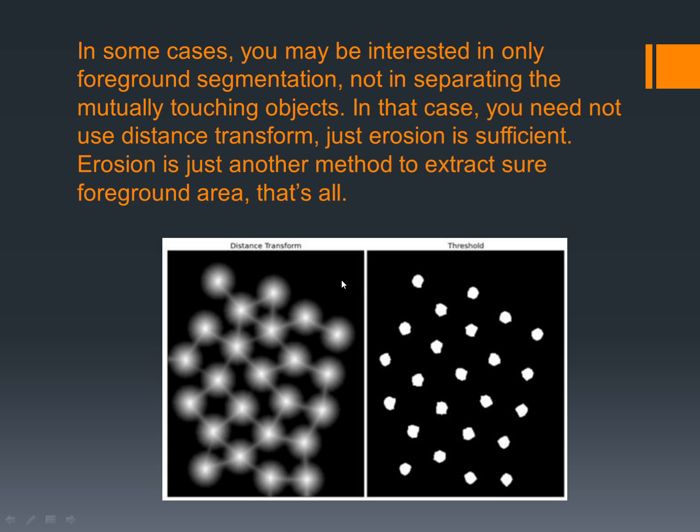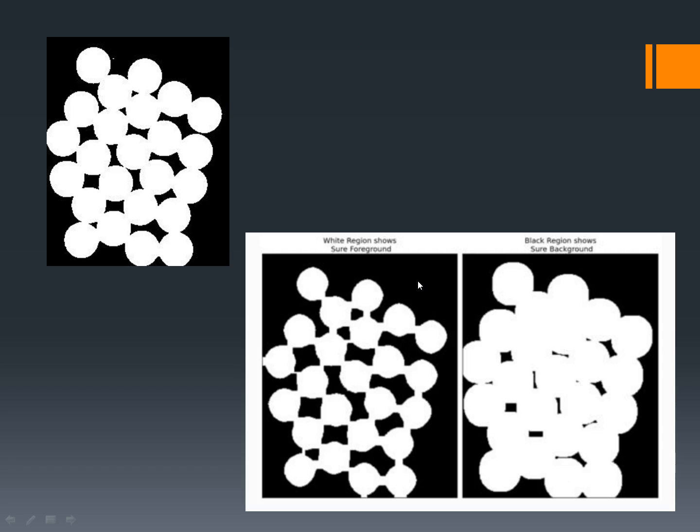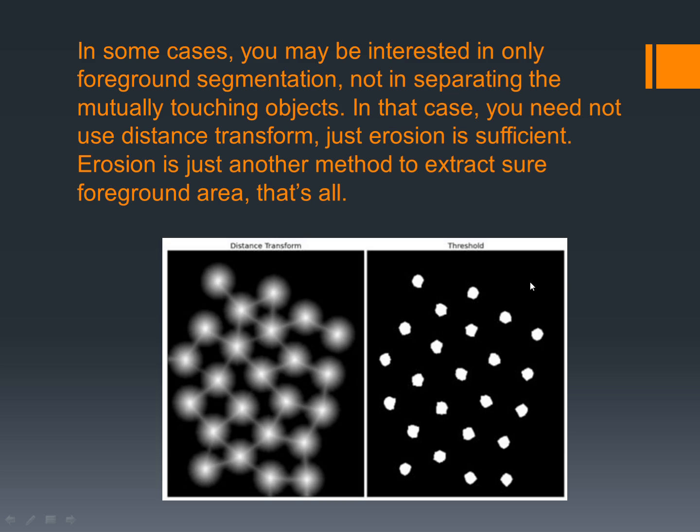Now if we use a threshold, we are getting the foreground. So now we are sure that this is the foreground, and this is the background. The value 0 is the background, we are sure, and this is the foreground, the value 1.